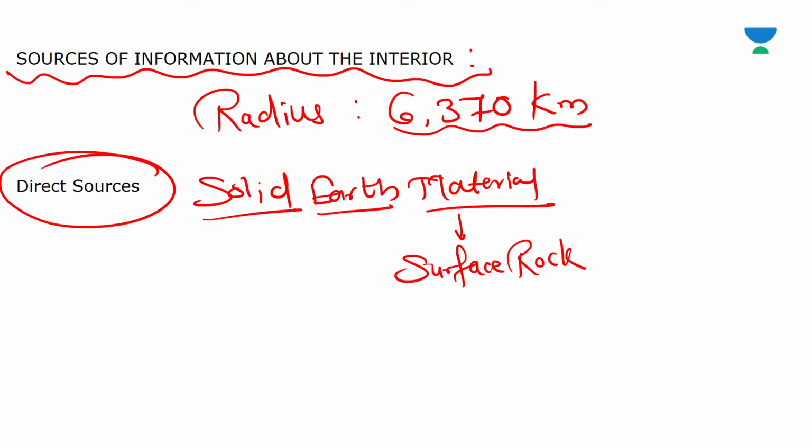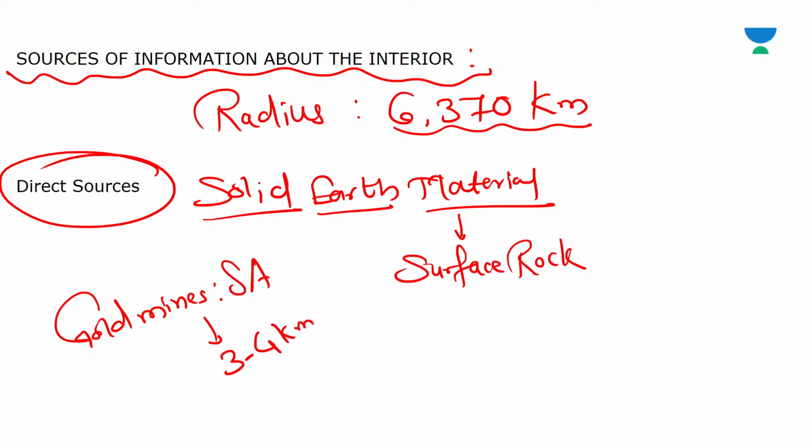Like gold mines in South Africa are as deep as 3 to 4 kilometers. Going beyond this depth is not possible as it is very hot at this depth.